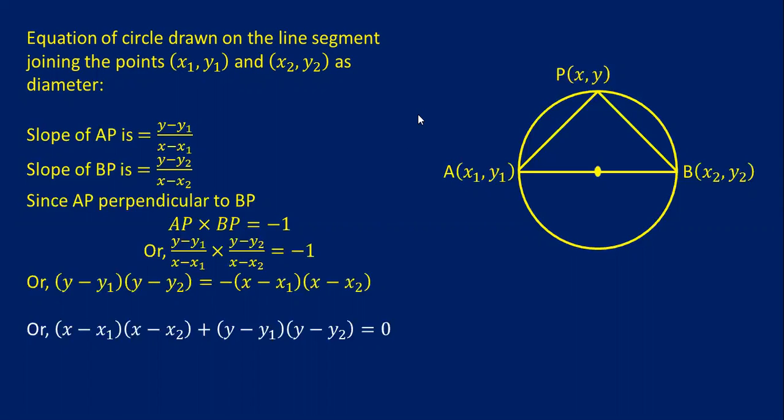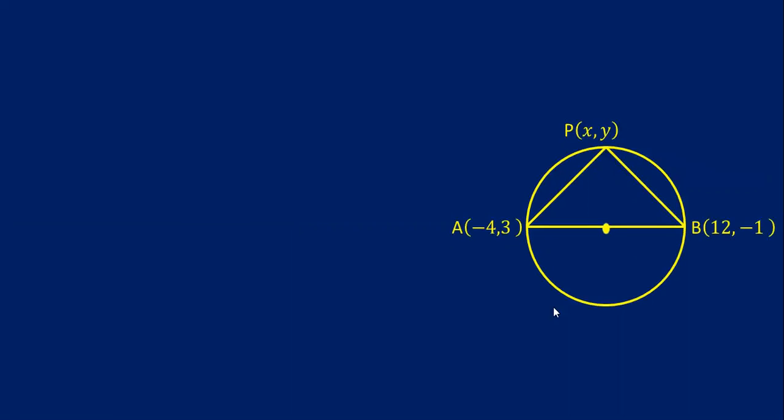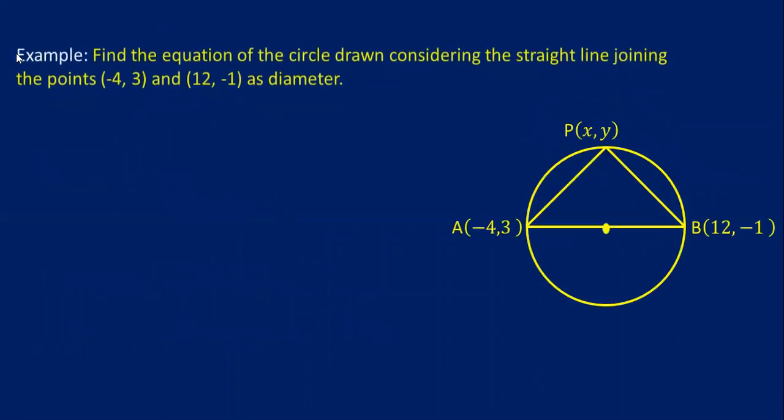Find the equation of the circle drawn considering the straight line joining the points (-4, 3) and (12, -1) as a diameter. Those are the extremities of the diameter: A is (-4, 3) and B is (12, -1), and P is any point.